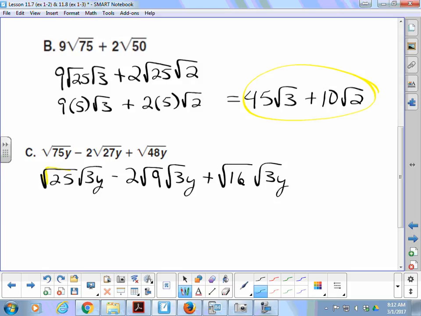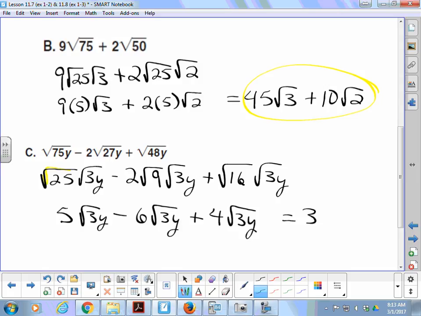So I can see I have the like radicals. Here we have 5 minus, and the square root of 9 is 3, so 2 times 3 is 6, and square root of 16 is 4. So we have 5 minus 6 plus 4, which is 3 square roots of 3y.